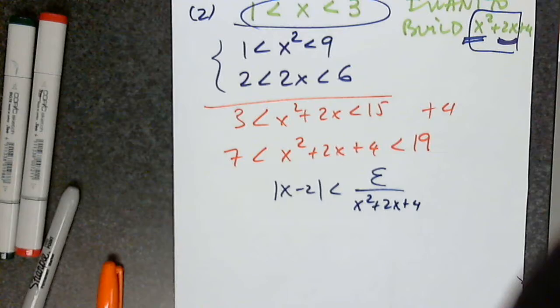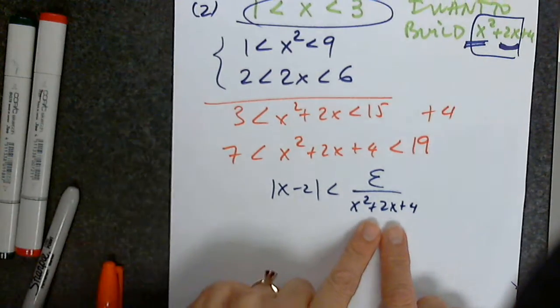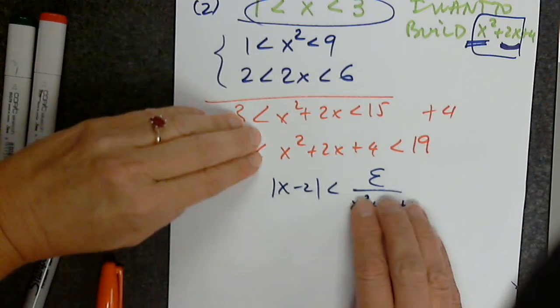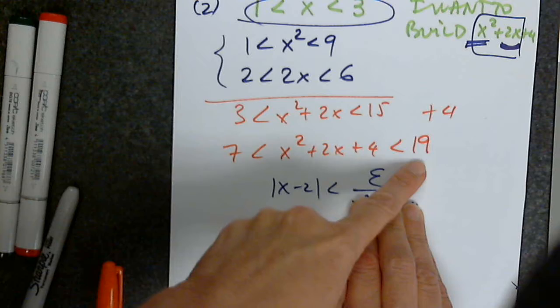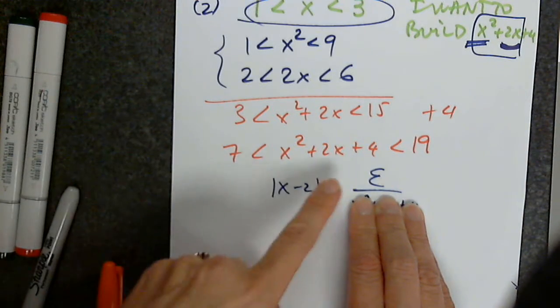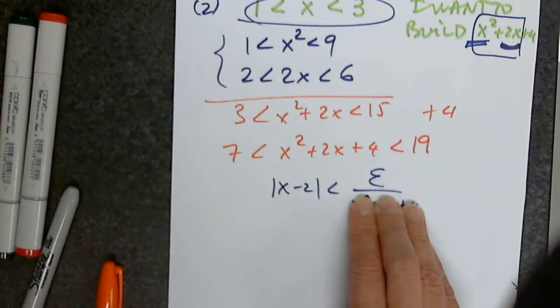Perfect. Okay, now I'm coming back here. I'm telling you that this expression is anywhere between 7 and 19. If I divide epsilon by 7, do I get the blue interval or the red interval?